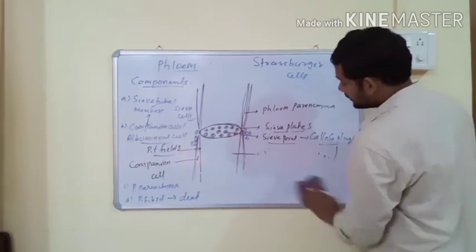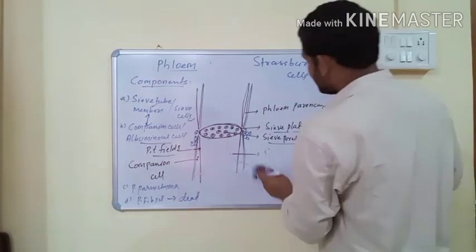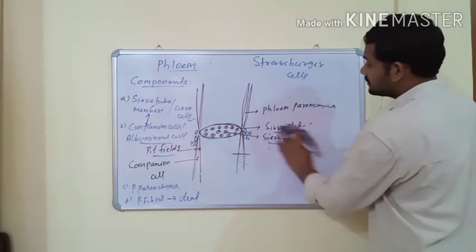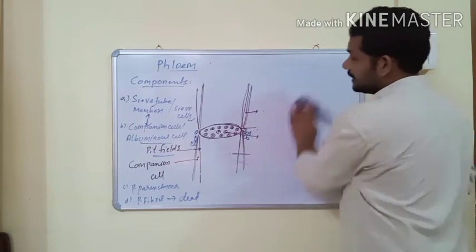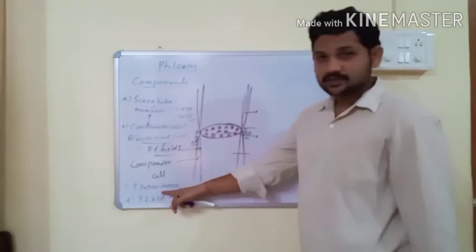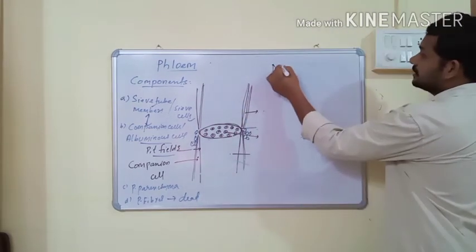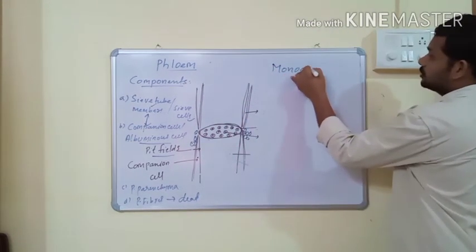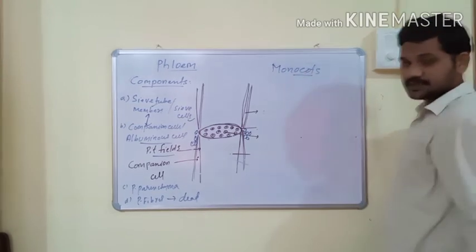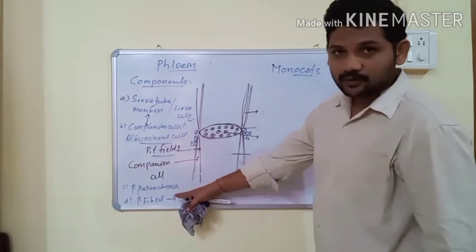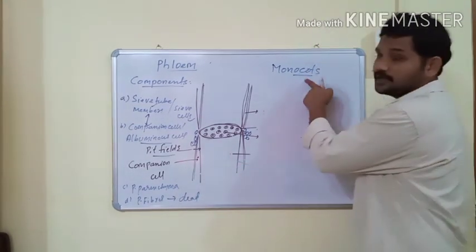Next, another component is phloem parenchyma. The parenchyma which is present in phloem is known as phloem parenchyma. Mostly it is absent in monocots. This is a very important point. Phloem parenchyma is absent in monocots.